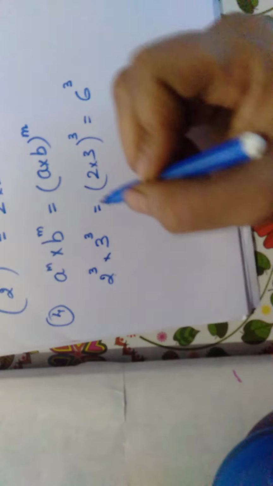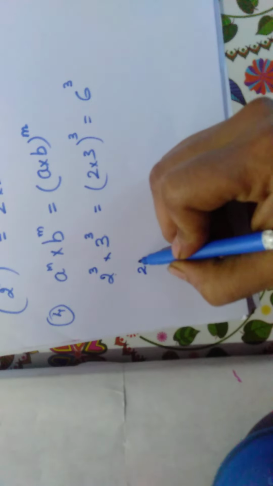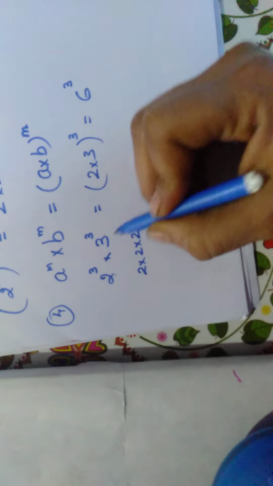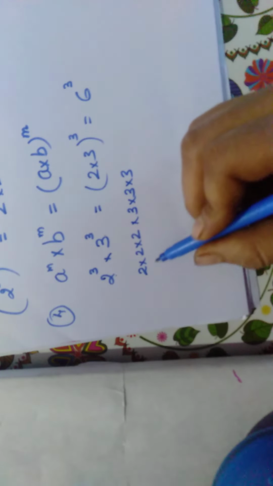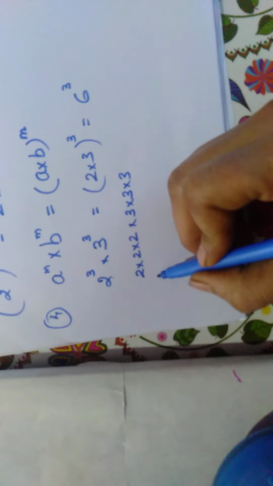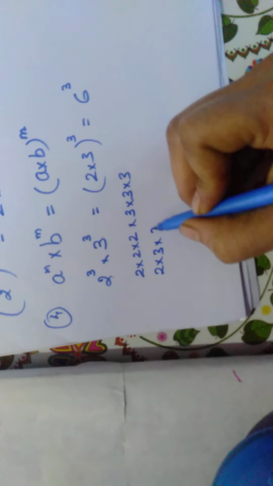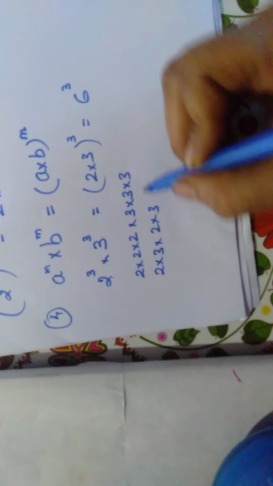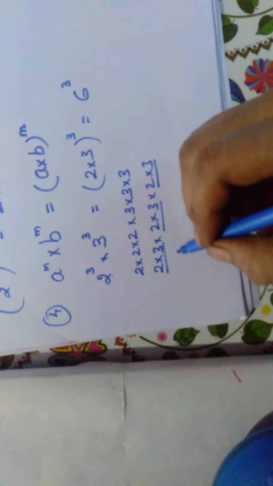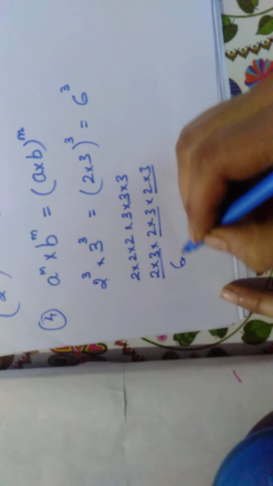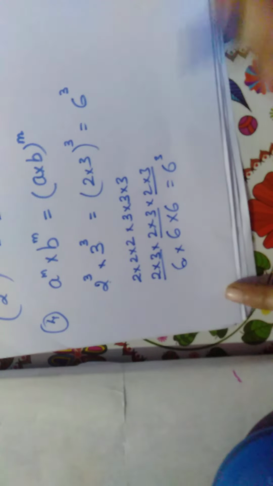Now just see how it is there. 2 to the power 3 means 2 into 2 into 2 into 3 into 3 into 3. Now two factors are there. If we rearrange this as 2 into 3, then again 2 into 3, then again 2 into 3, and pair up these, then this is equal to 6 into 6 into 6, which is 6 cube.